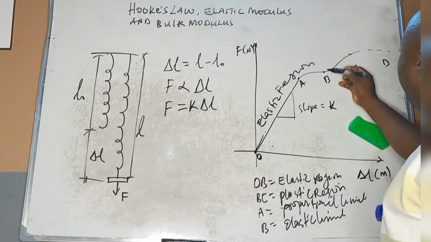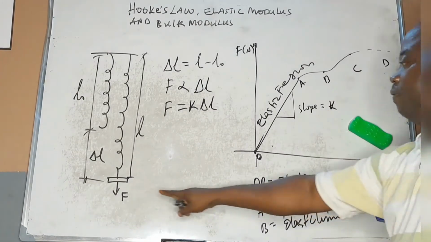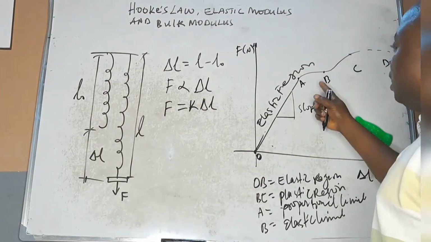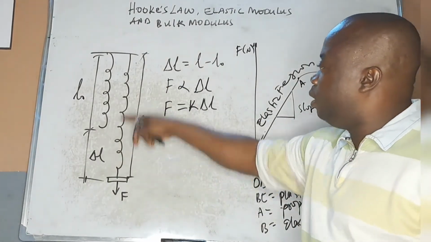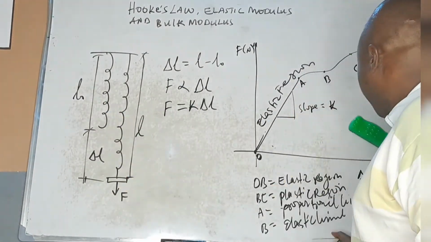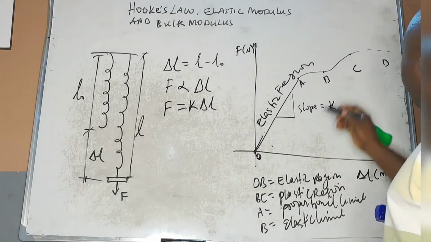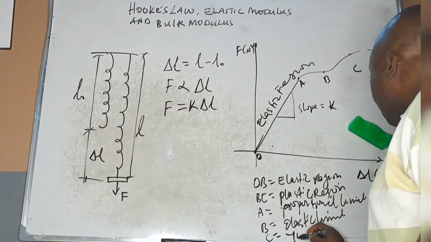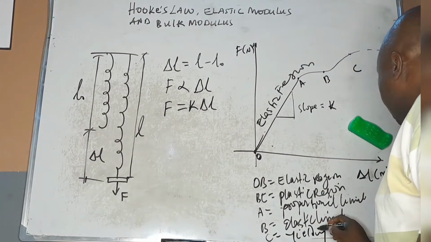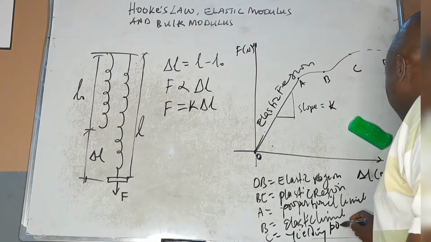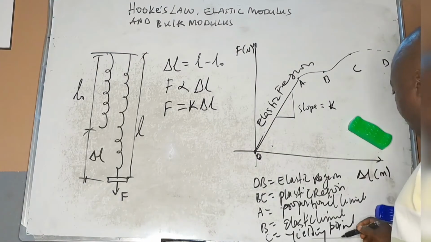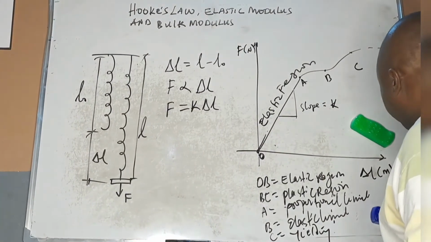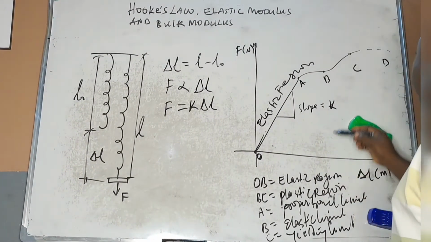Up to this point, if you remove the applied force, the material will still go back to its initial shape. It will return to L0. Now, point C is called the yielding point, or yielding limit.